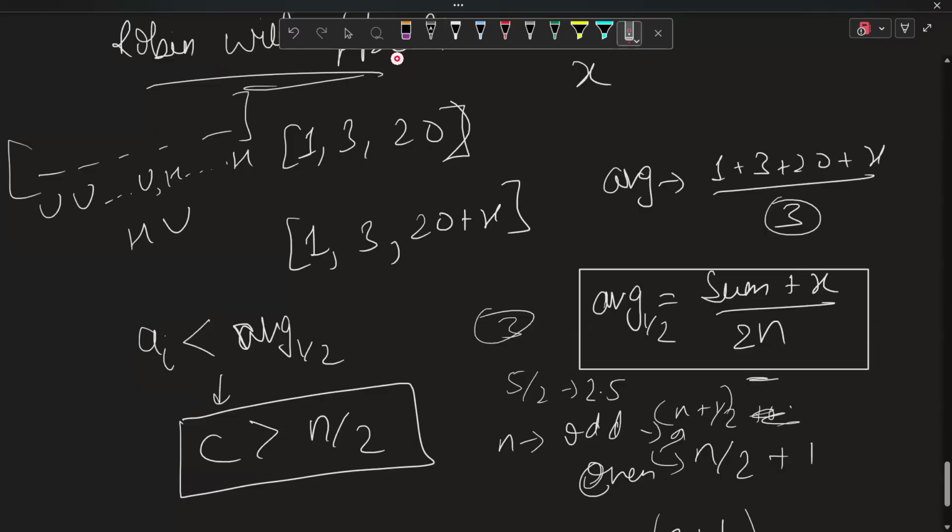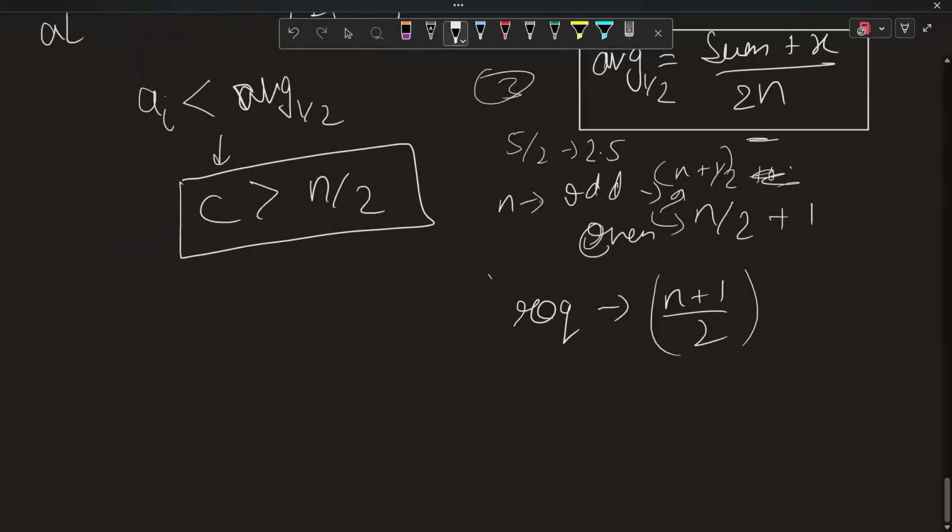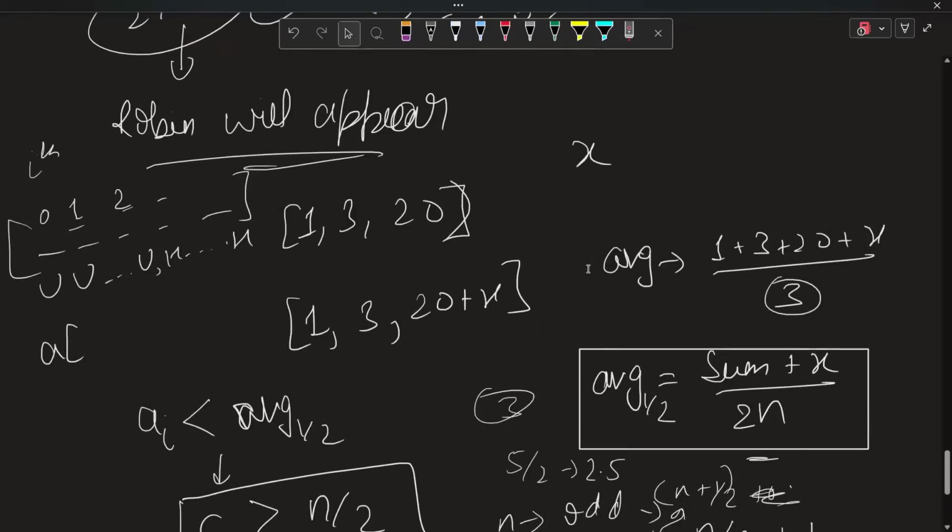And what is the count of these people? This count should be at least our required number. If I need this many people to be unhappy, what is the index of the required person?